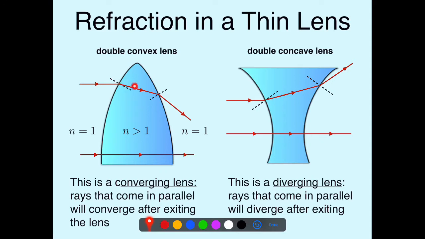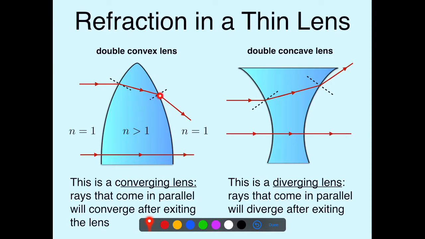Then next, we go through the lens and we encounter this second interface, this second surface. And now, as we go from the glass into the air, now we're going from high N to low N, which means the ray is going to bend away from the normal line. So this is our normal line to this surface, which means this angle of the outgoing ray is larger than this angle of the incoming ray.